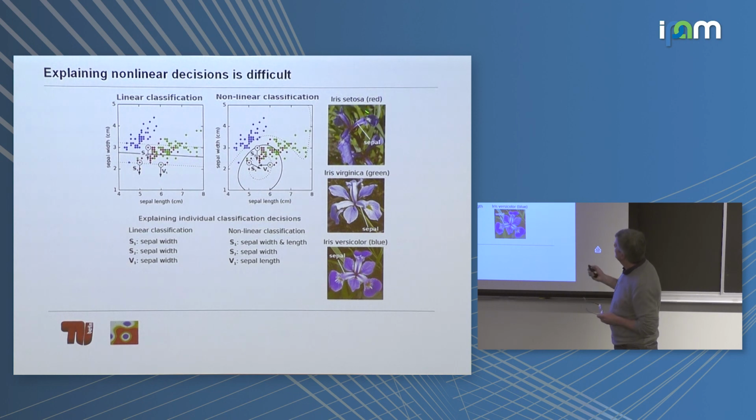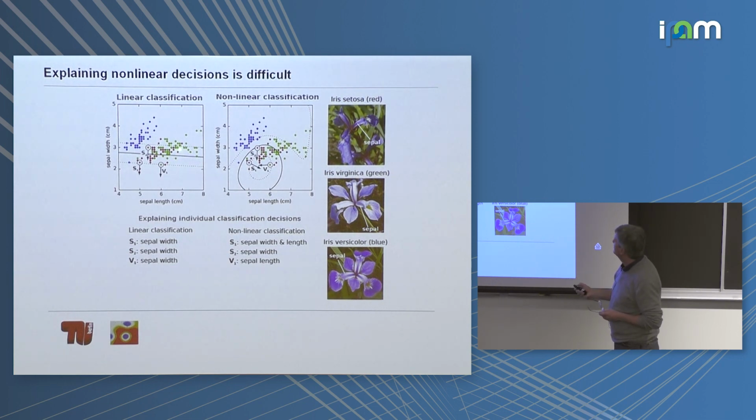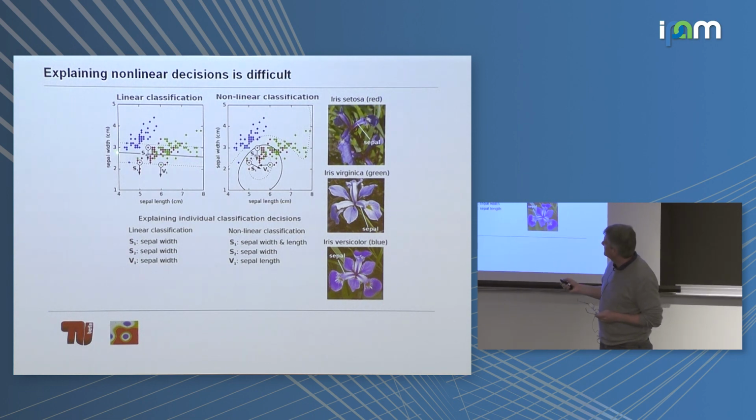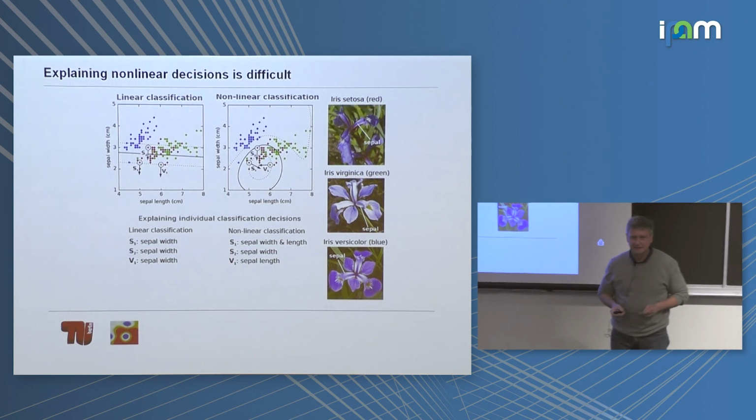And then there are different irises, and you put them into this feature space. And so you can see that the blue ones are the versicolor, and the red ones are the setosas, and the green ones are the virginicas. So you could, for example, build a linear model like that, which is a very lousy one, clearly, as you can see, right?